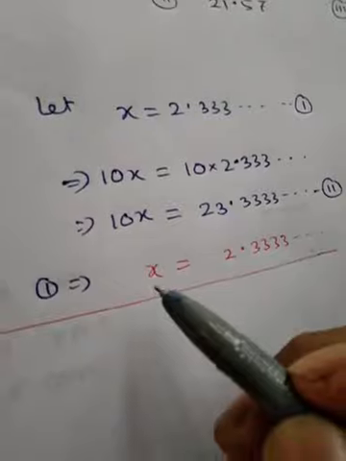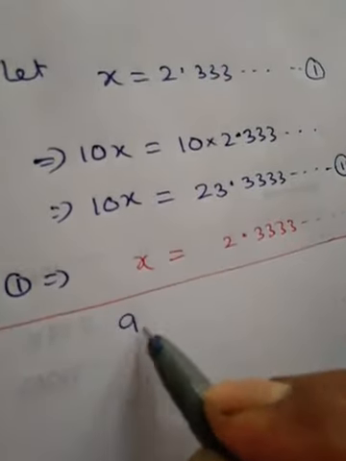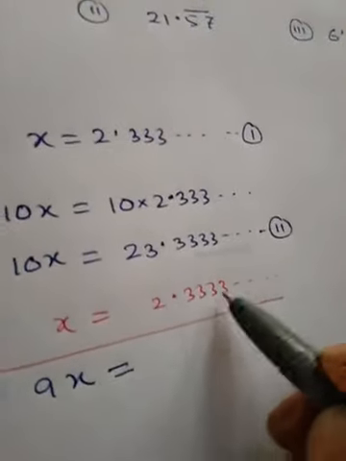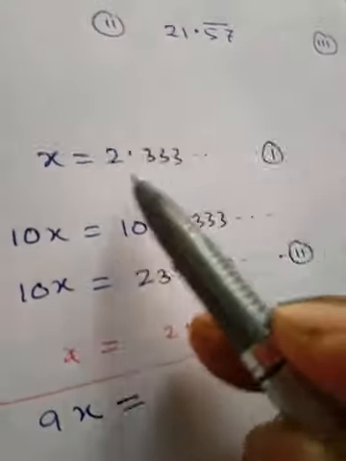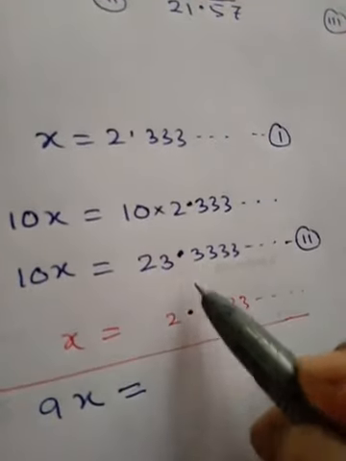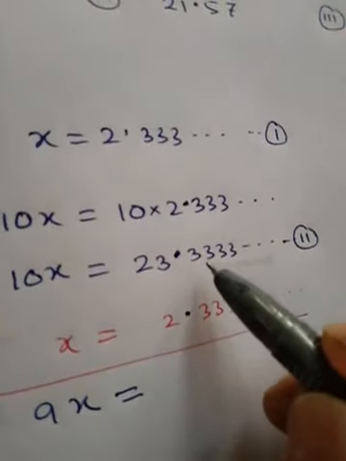This is 10x, this is 1x, so 10x minus 1x will become 9x, and that is equal to, here we have written the right hand side of equation 1 in such a way that the decimal is in the same line, and then the right hand side we subtract.